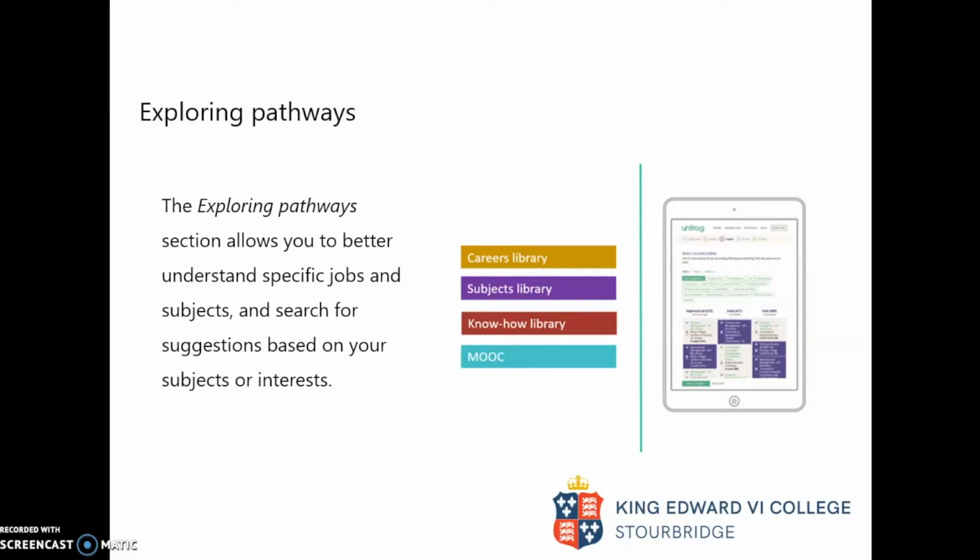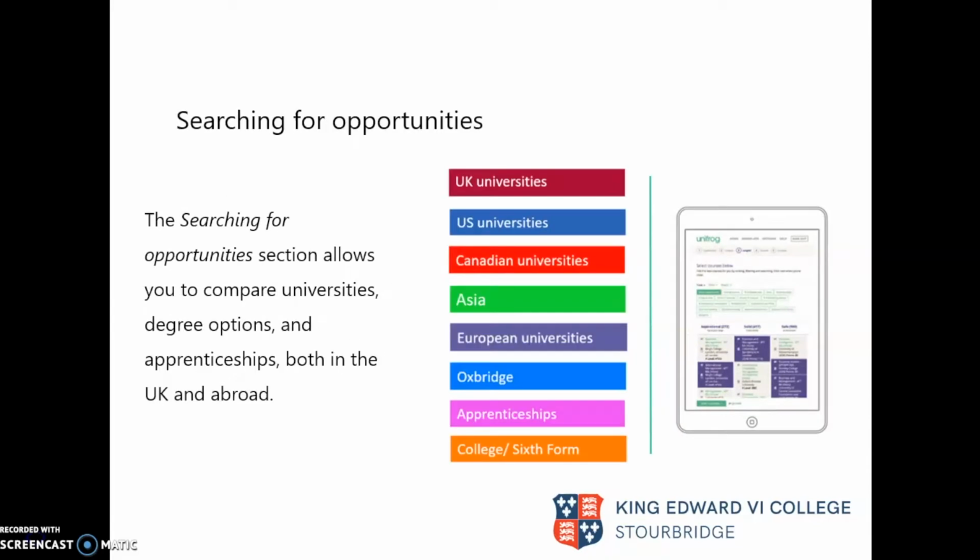You can put in things that you're interested in or your A-level subjects, and it will suggest a whole load of possibilities to you. There's also a Know-How Library, which gives you further information on specifics like how to go about getting an apprenticeship, and also the MOOCs are there as well, which are massive open online courses, which give you the opportunity to do some further research about various areas that are of interest to you.